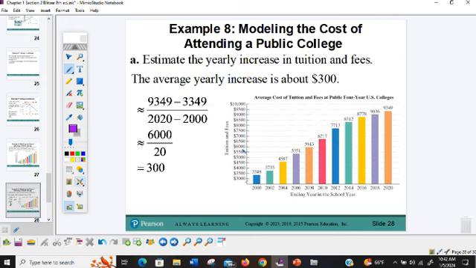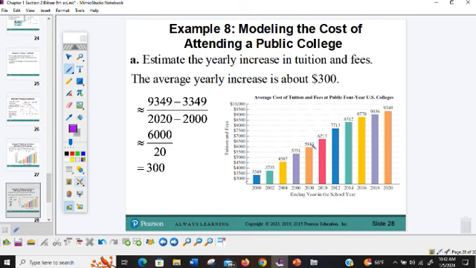So let's see what we need to do. They want us to estimate the yearly increase in tuition and fees. Okay, so we know it increased. It went from 3,349 all the way up to 9,349. It increased $6,000. Okay, what I did is I took 9,349 minus what it started at, 3,349.